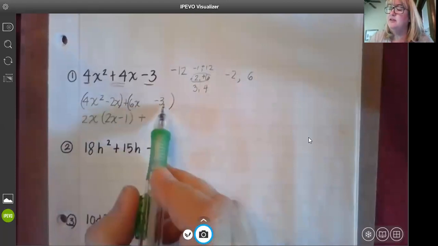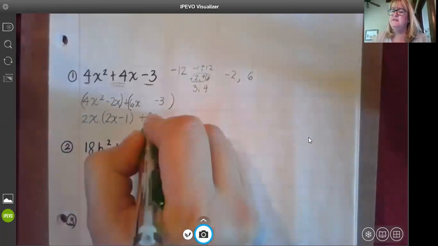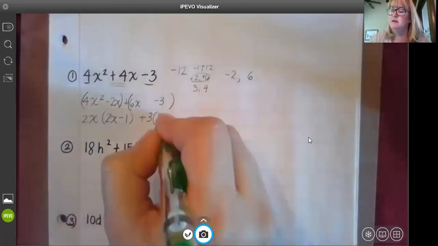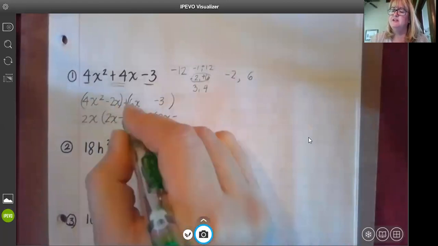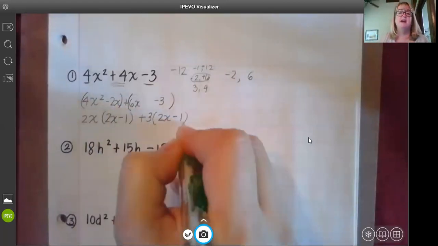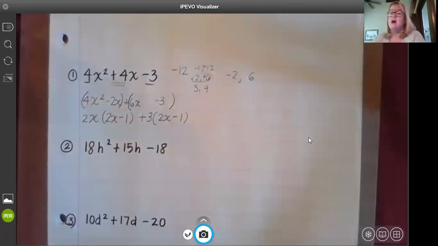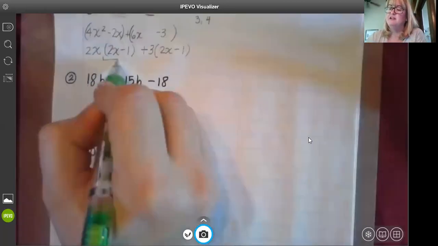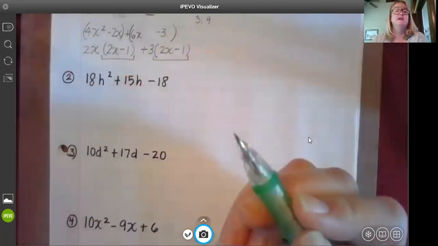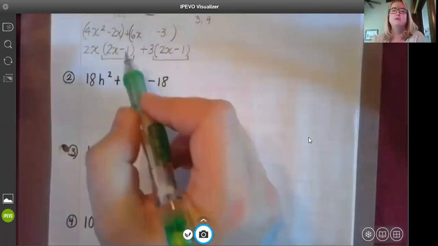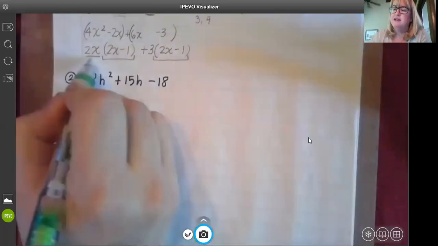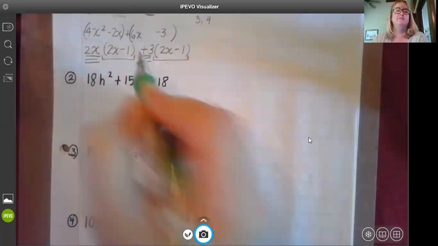Well, we can factor out a 3. And if I factor out a 3, 6x divided by 3 is 2x, minus 3 divided by 3 is 1, okay? So now I have a common factor in both of these terms. I've got 2x minus 1.